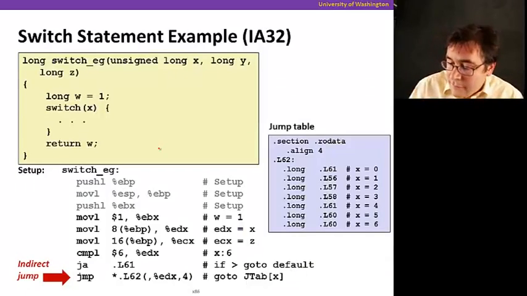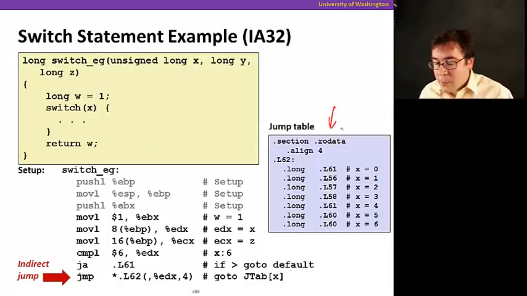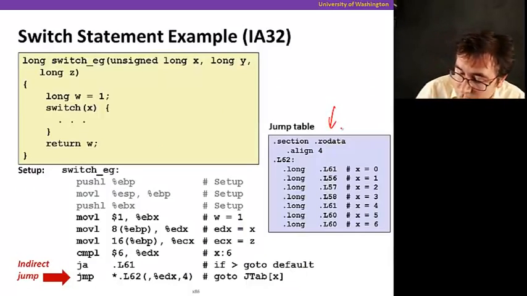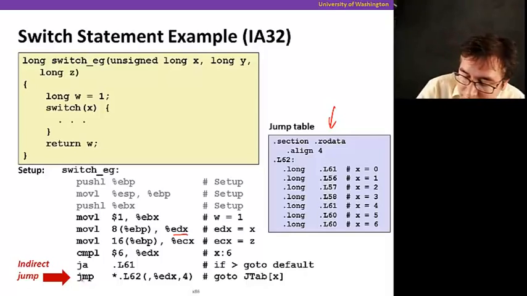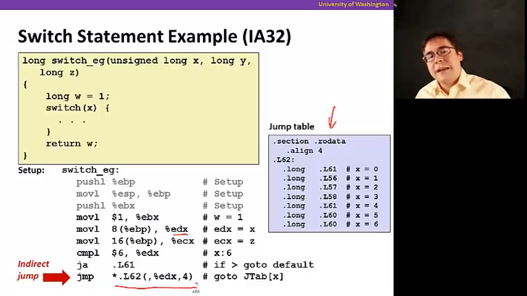So here we have the jump table, and depending on the value of x, which is loaded in edx here, we're going to find the corresponding entry. The way this is done is using an indirect jump. The indirect jump says that instead of jumping to a specific address, it jumps to an address contained in an address.